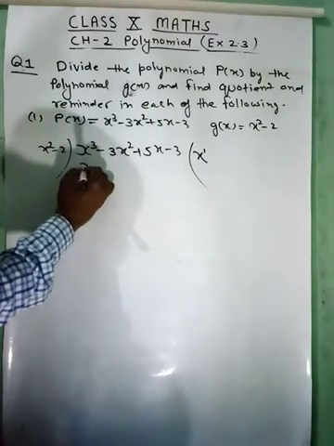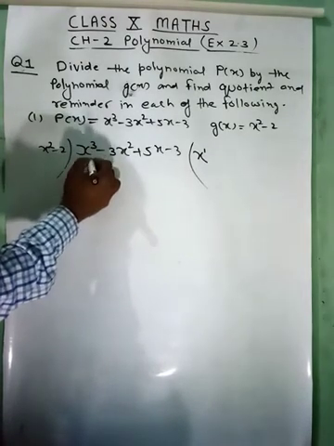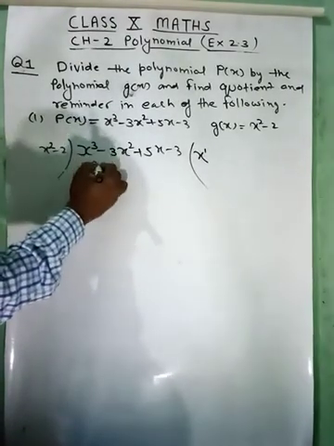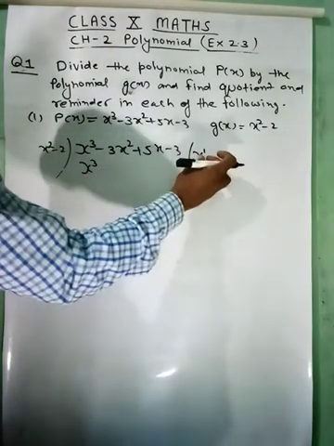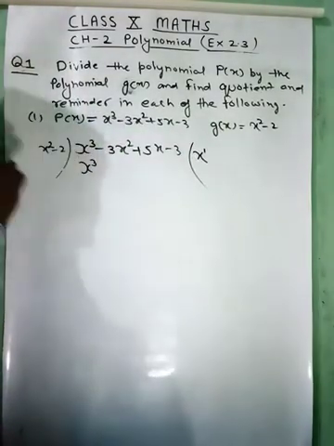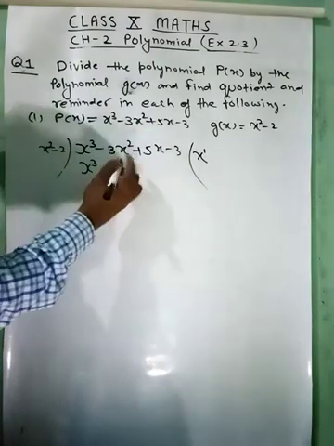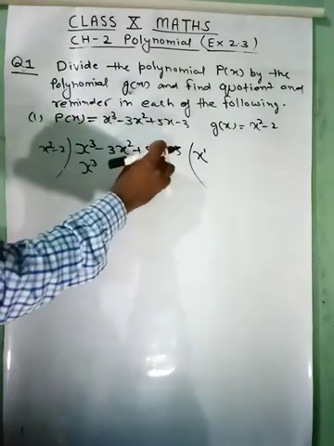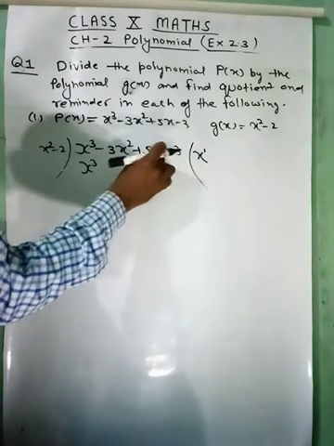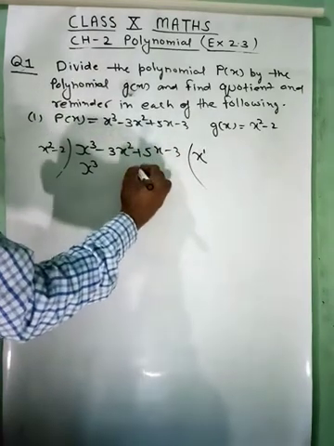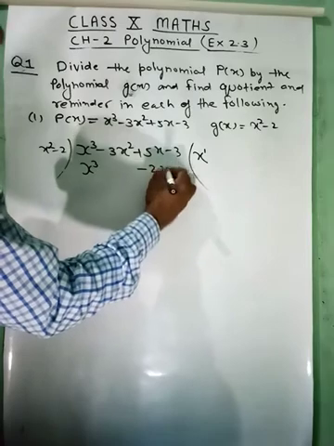So below the x cube we will write x cube. When x is multiplied by 2, it will be 2x with negative sign. So we will see where is x. Here is x, so below it we will write minus 2x.